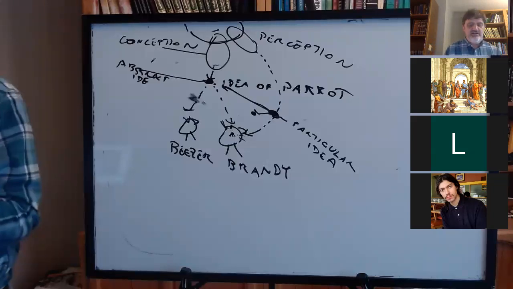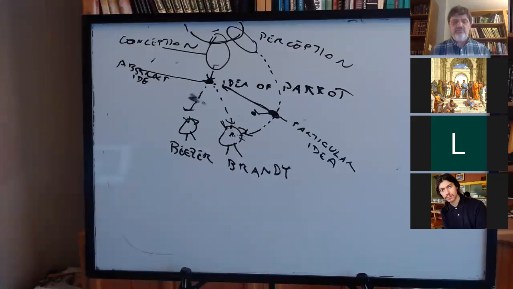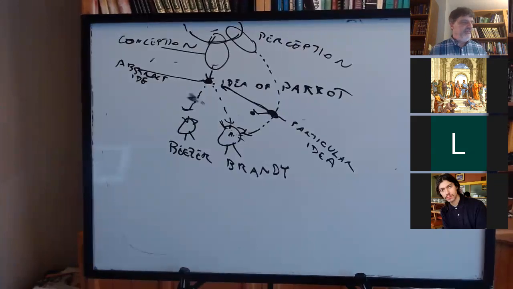So the trajectory of an idea in the human mind, I think, works like this. At first, we receive a confused particular idea of something. It's confused in the sense that there's many different simple ideas, but we haven't separated them out and noticed that they're different.